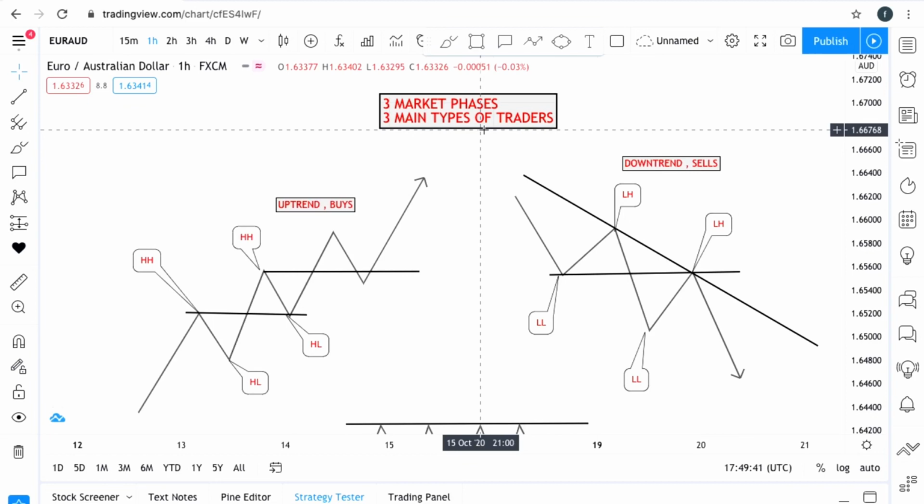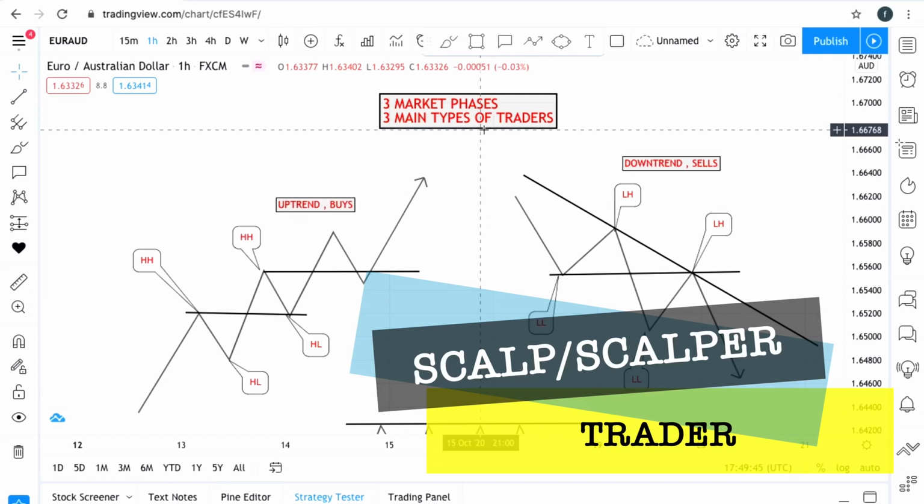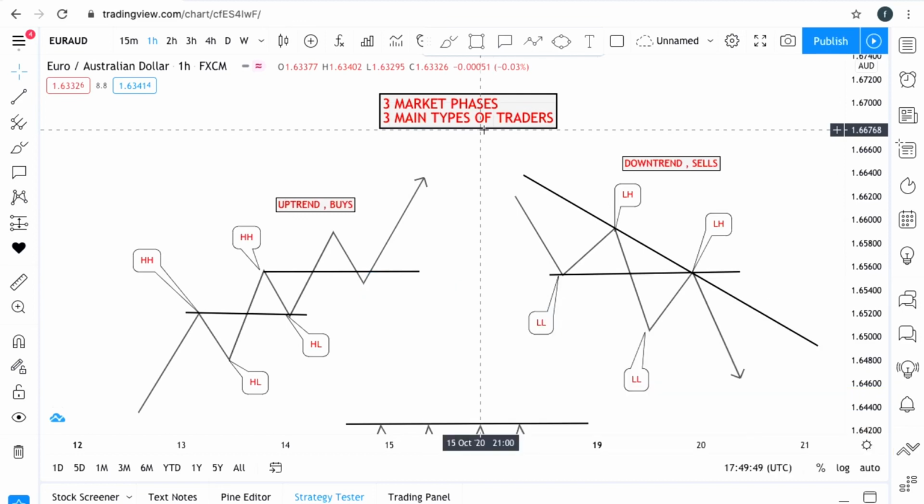Third and final, you have scalpers, right? And a scalper is a person that gets into the trade and gets out immediately with their profit. Like if they enter a trade and they're in $10 profit, they probably just say, alright, this is profit, and take the profit and cut, right?